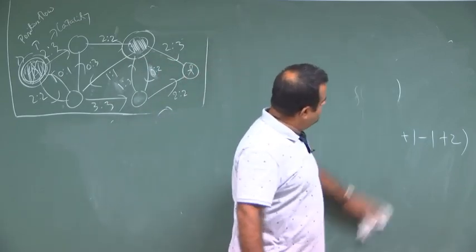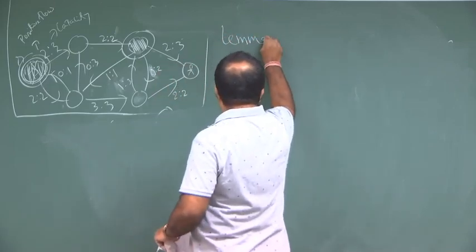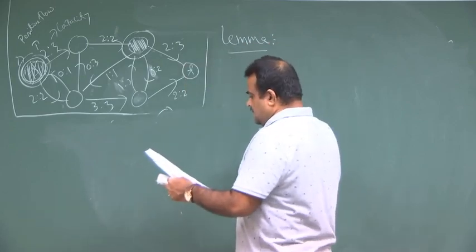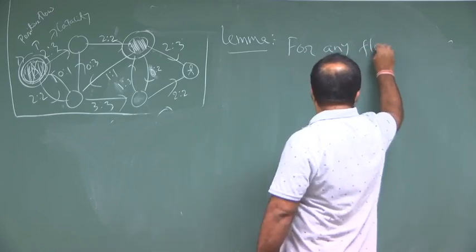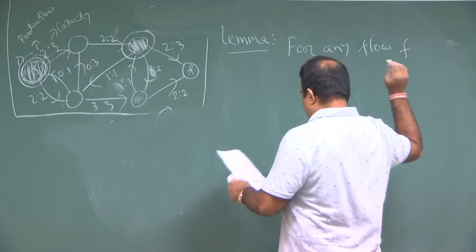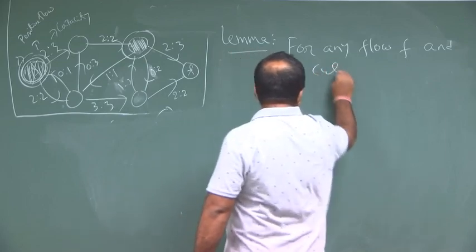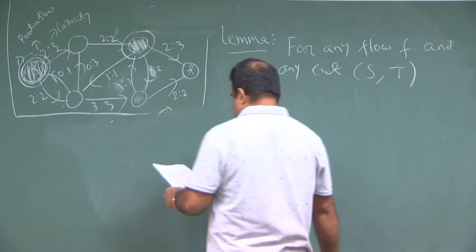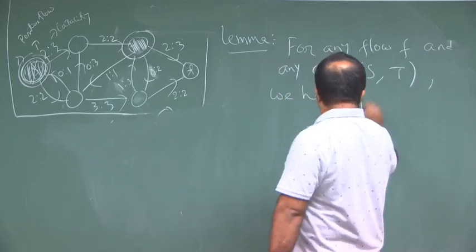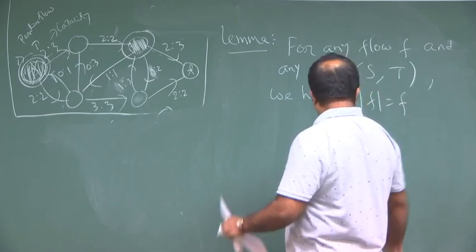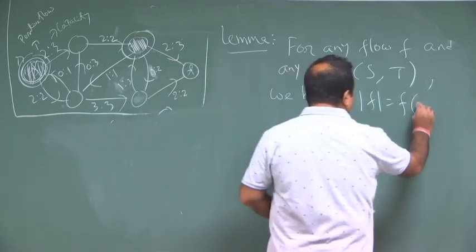So, the observation is, if you take any cut, this is the lemma: for any flow f and any cut (S, T), the value of the flow is basically the value of the flow across the cut, which is f(S, T).